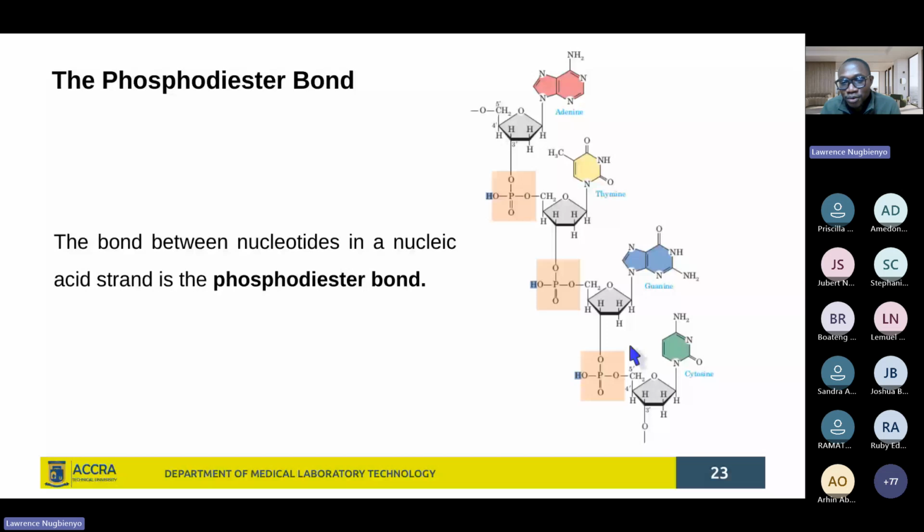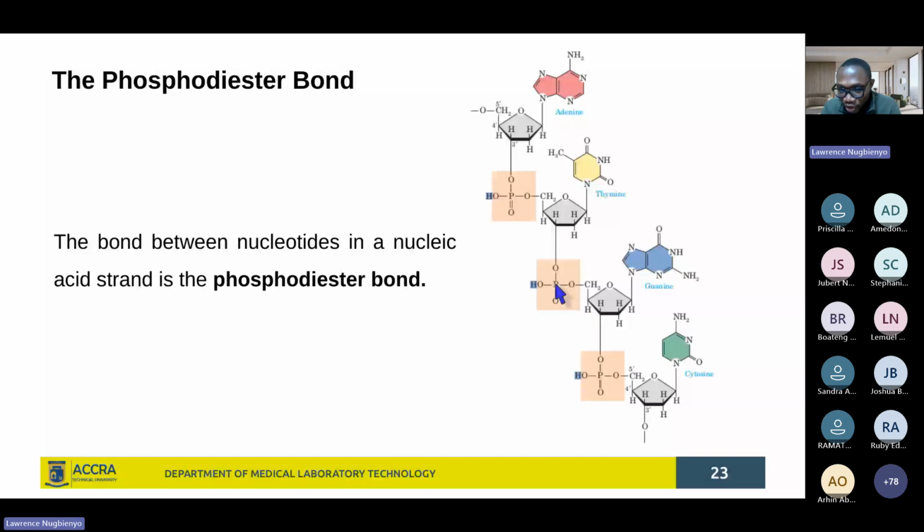Why is it a phosphodiester bond? Why is it called so? I just said the bond that exists between the phosphate group and the sugar in a nucleotide is a phosphoester bond. A phosphoester bond because an ester will have a carbon.